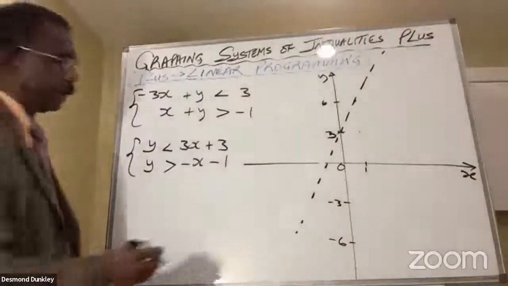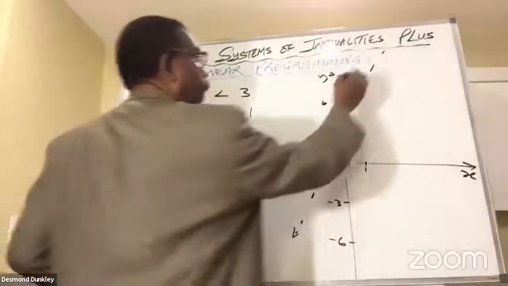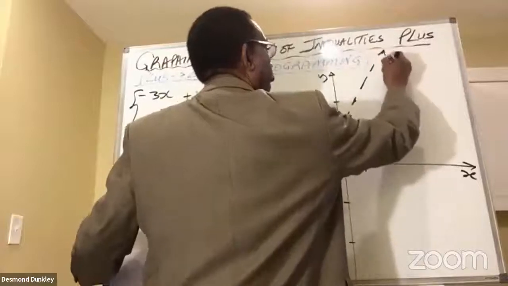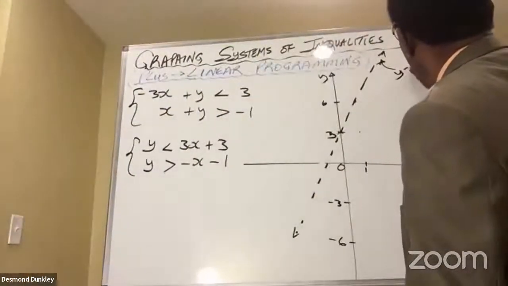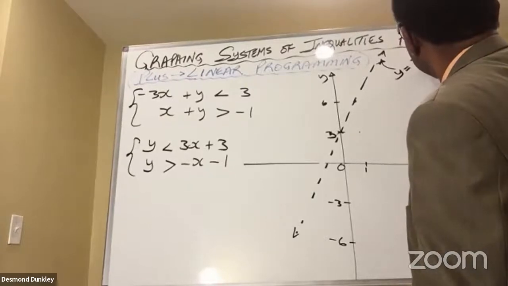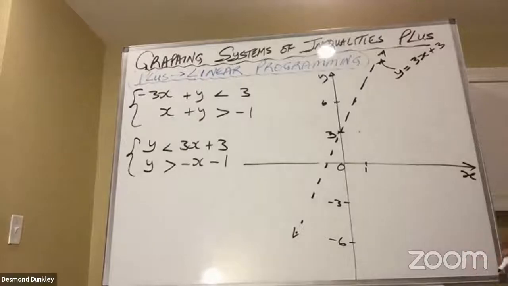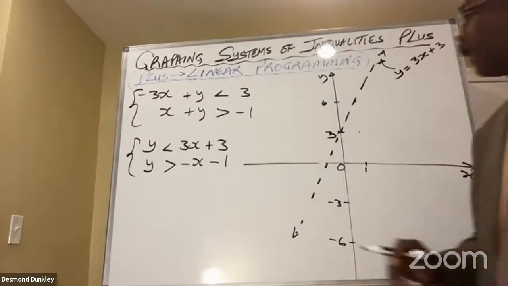And this is the boundary y equal to 3x plus 3. That's one boundary. And now we need to do the other one.